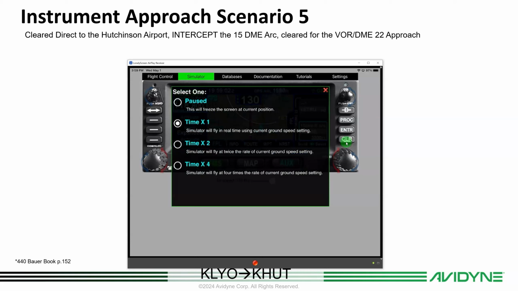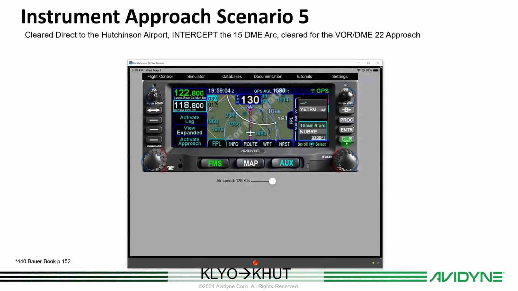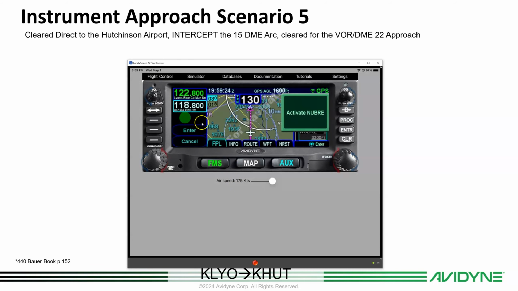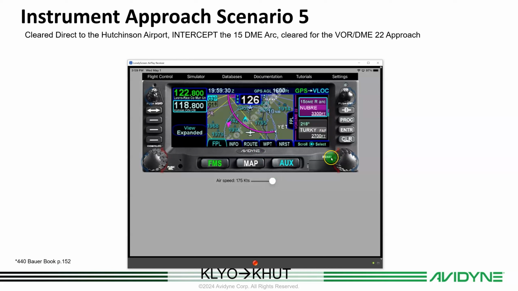Get my simulator sped up here a little bit. And when we get close, we'll just activate the leg, and then we'll intercept that DME Arc, and it'll fly it. It's that easy. Getting close, let's go ahead and activate it. Activate Newbrae, and you'll watch the arc will turn magenta, and now we will intercept. And our VLOC, our VOR DME 22 is armed.